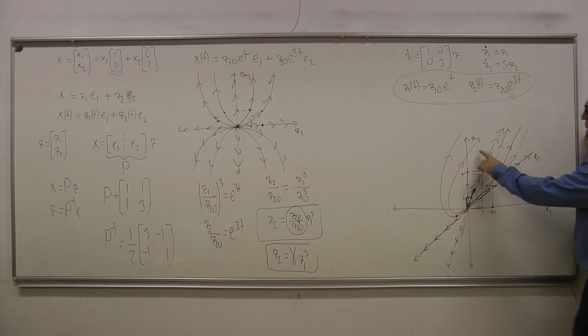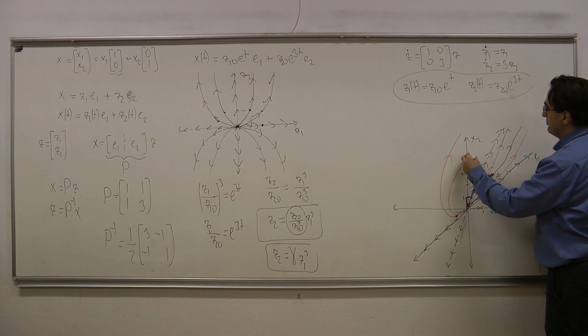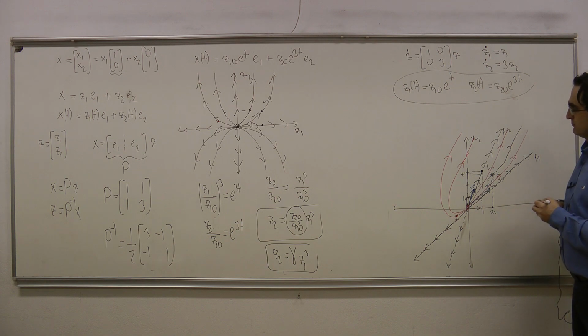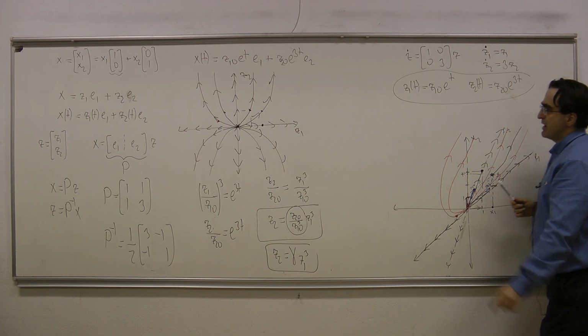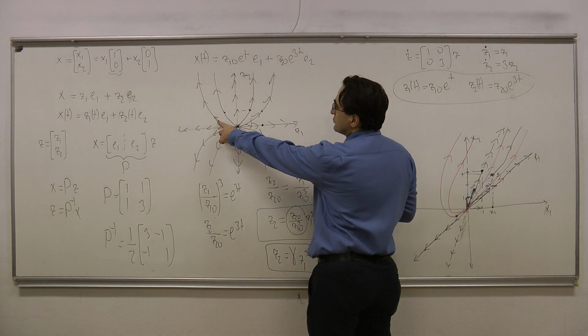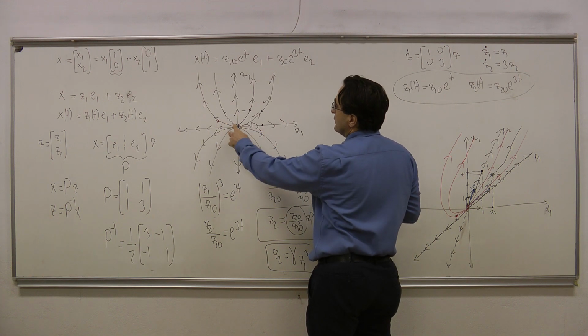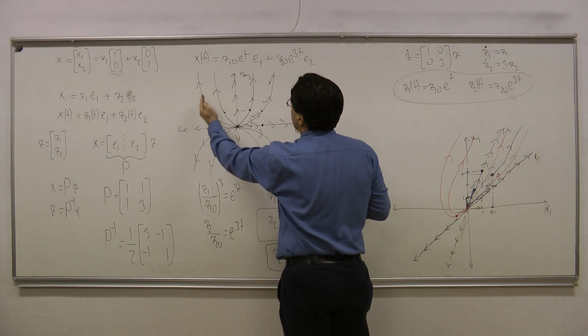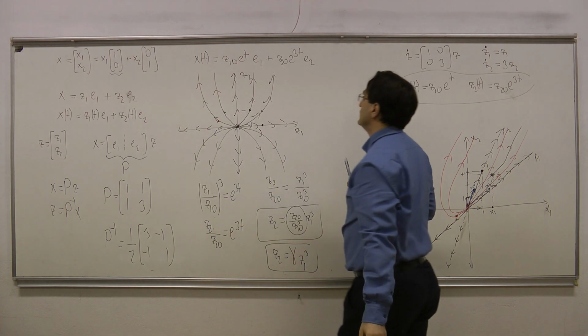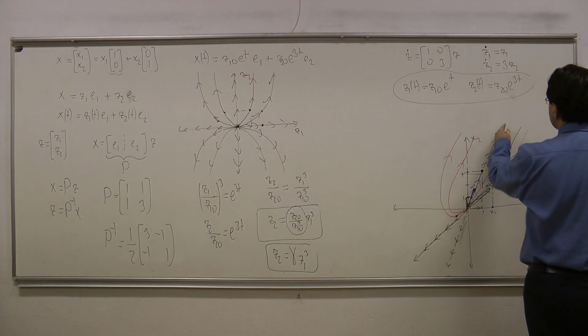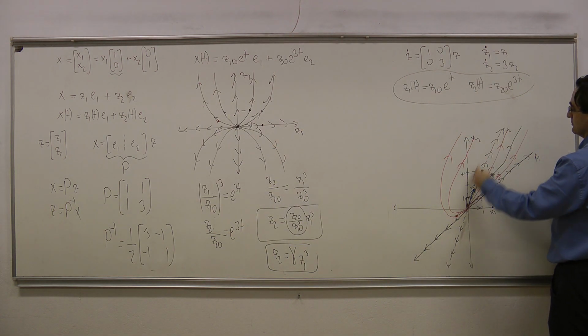Why are these trajectories like this? Why are they behaving in this manner? They are behaving in this manner because a trajectory started here is always going to end up almost parallel to the Z2 line. And remember, this is my Z2 line, okay?